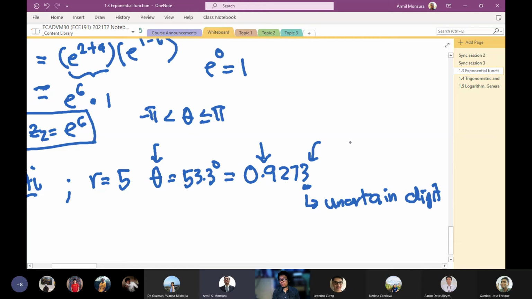So it's either 2 or 3. It's uncertain because it was rounded off. But in the final answer, if you can protect this digit from being uncertain, because you did not round off at the start, you would be sure that this second digit is correct. Do you understand that concept?